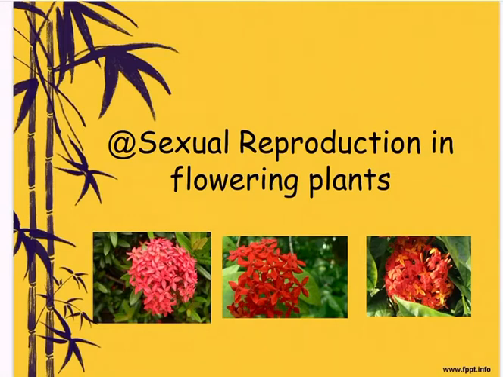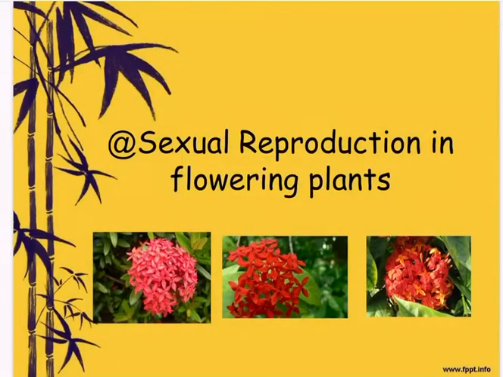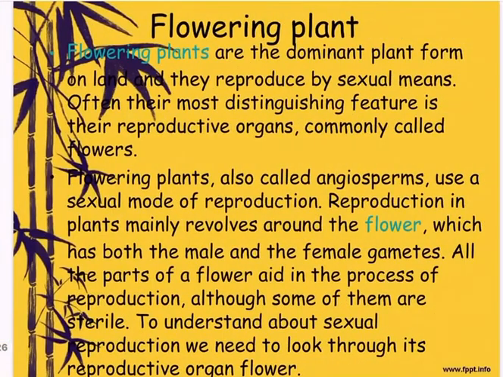So basically the sexual reproduction takes place in flowering plants through flower. So that is the reason why we say that the flower is the reproductive organ in plants. So the organs are specialized to perform sexual reproduction in all the flowering plants or flowers.